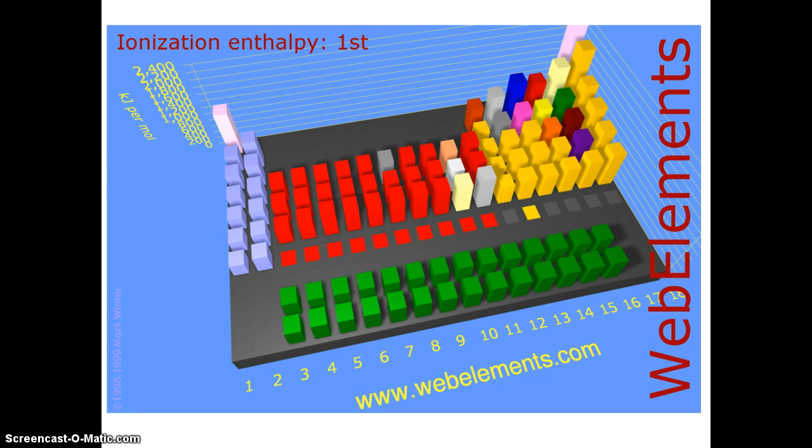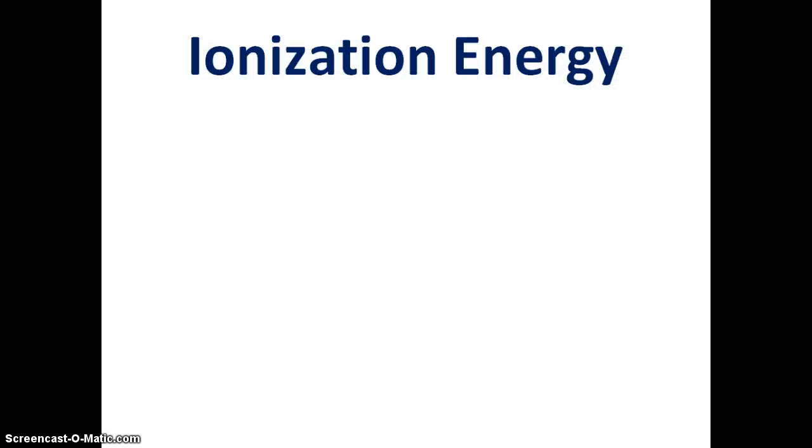Here's an image kind of showing what we're going to talk about next, and that's ionization energies. And ionization energy, if we look at the word, you can see the root word is ion. And this is one of those terms that you need to always remember, but oftentimes most students forget. Does anyone know what an ion is?